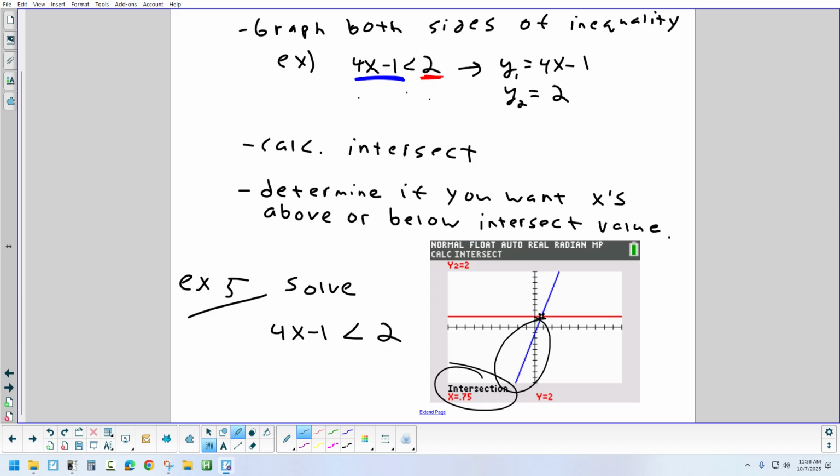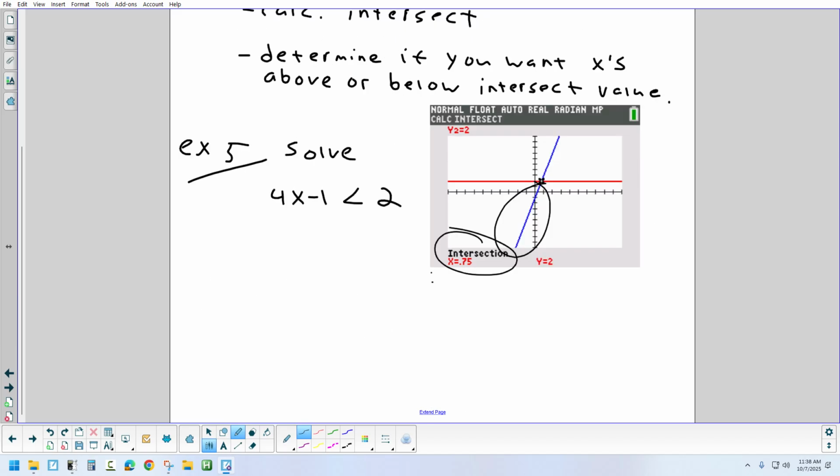If I want numbers in that section, should I pick values to the right of 0.75 or to the left? To the left, yeah. If you pick a value to the right of 0.75, like 2, you'd be right there on the blue one, and you'd be right there on the red one.